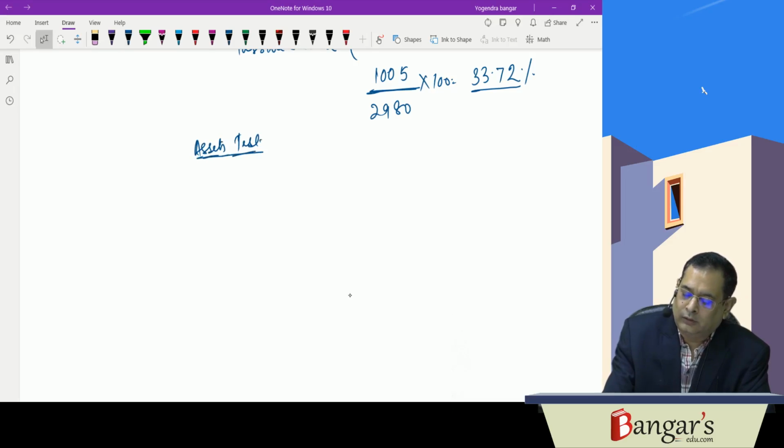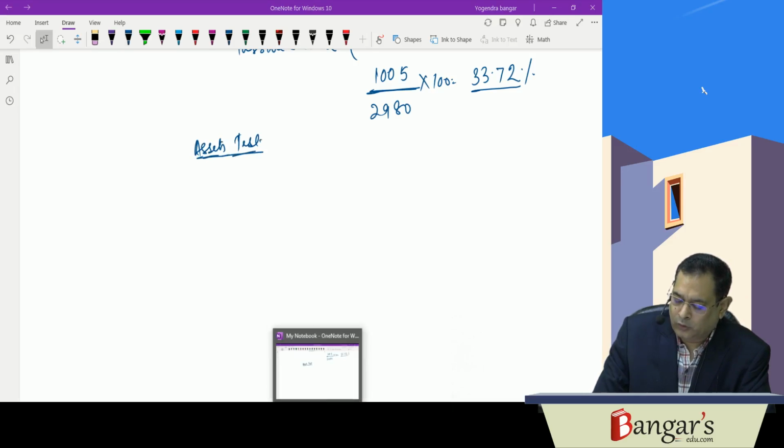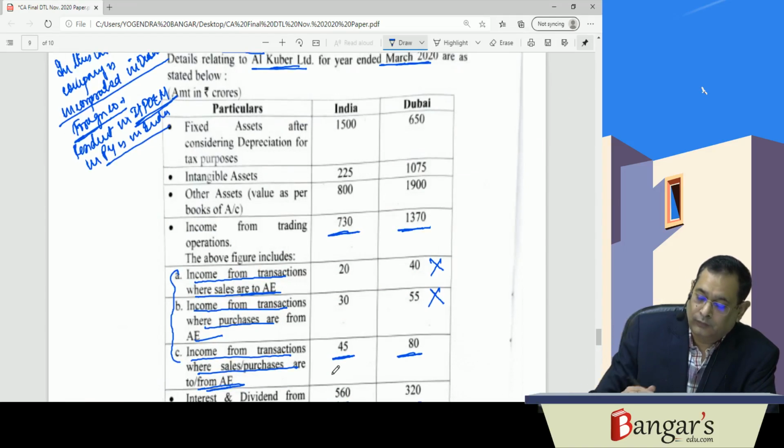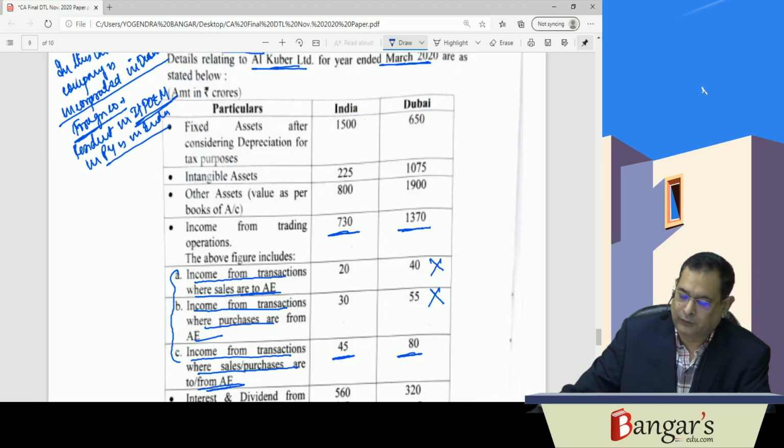Now here, what are the total assets of this company? That is 1500 plus 650 plus 225 plus 1075 plus 800 plus 1900. That is 6150.